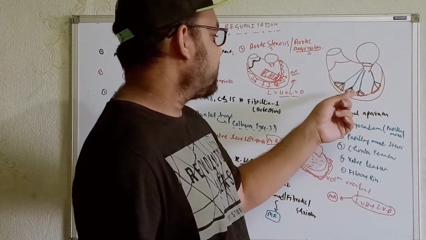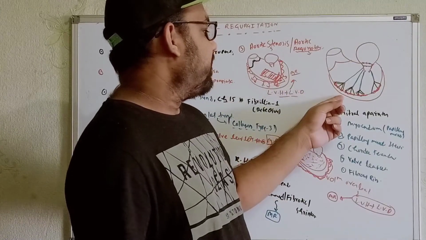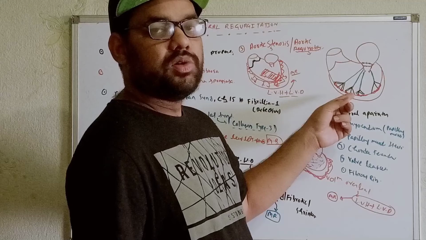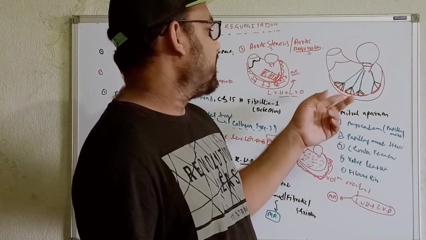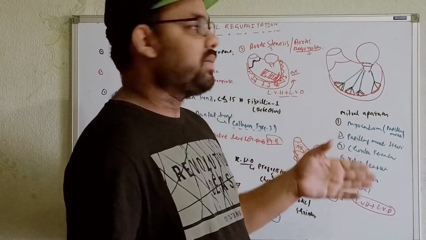So whenever we get inflammation of the myocardium, definitely some portions of the papillary muscles are also damaged in myocarditis. In the same way, the papillary muscles will not be able to function properly. Ultimately, we can see the development of mitral regurgitation.